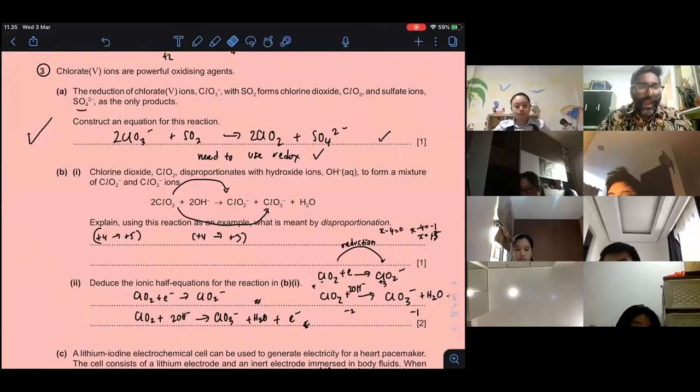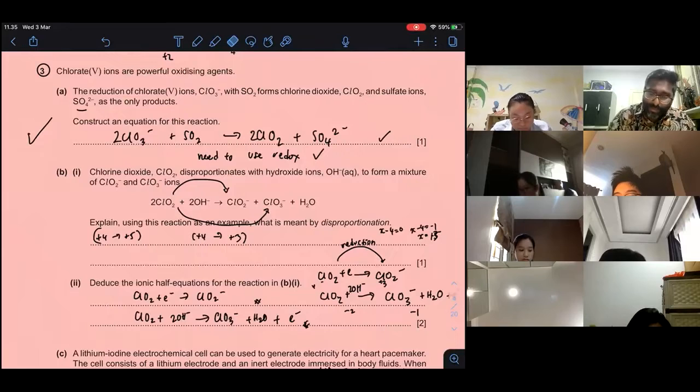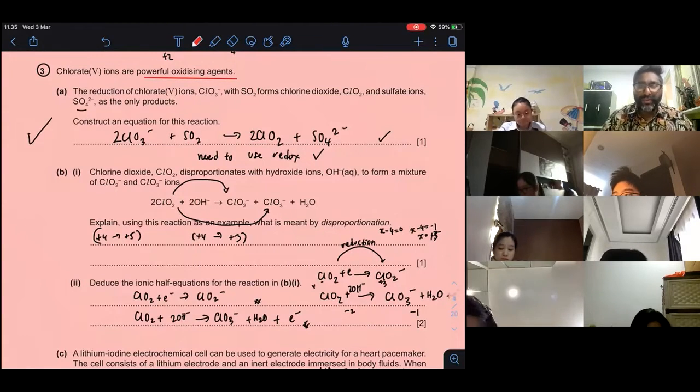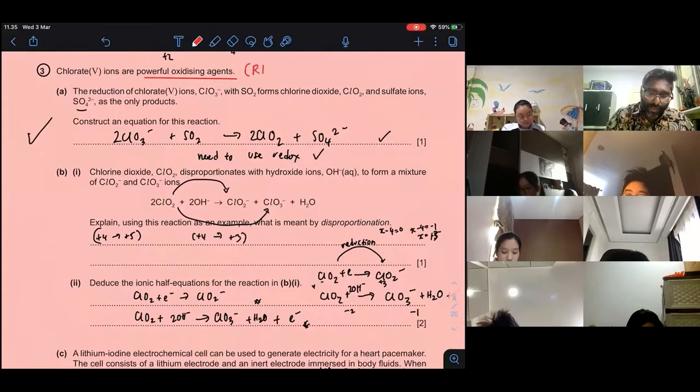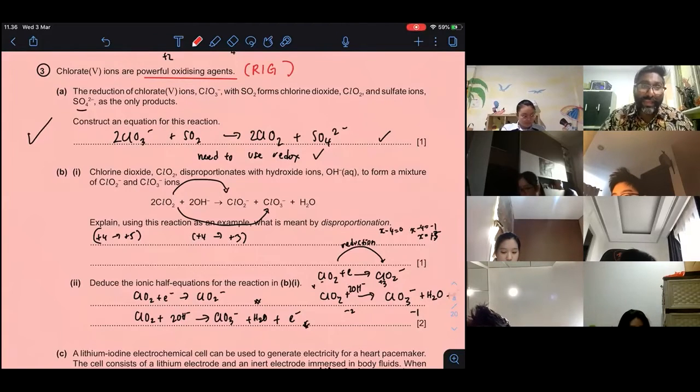We will continue. You have this chlorine(V) ion, ClO3 minus. They mention that they are powerful oxidizing agents. If they are powerful oxidizing agents, they are going to oxidize others, but at the same time they are going to get reduced. When they are reduced, do remember OIL RIG, reduction is gain of electrons, so they are going to be gaining electrons.